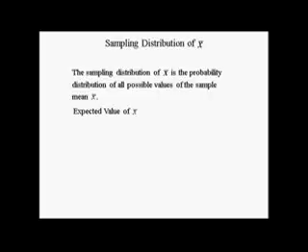And since we expect the average of the infinite many sample means to be equal to the population mean, the sample mean has a distribution. This distribution is called the sampling distribution of the mean, which is the probability distribution of all possible values of the sample mean. The expected value of the sample mean is mu, where mu is the population mean.